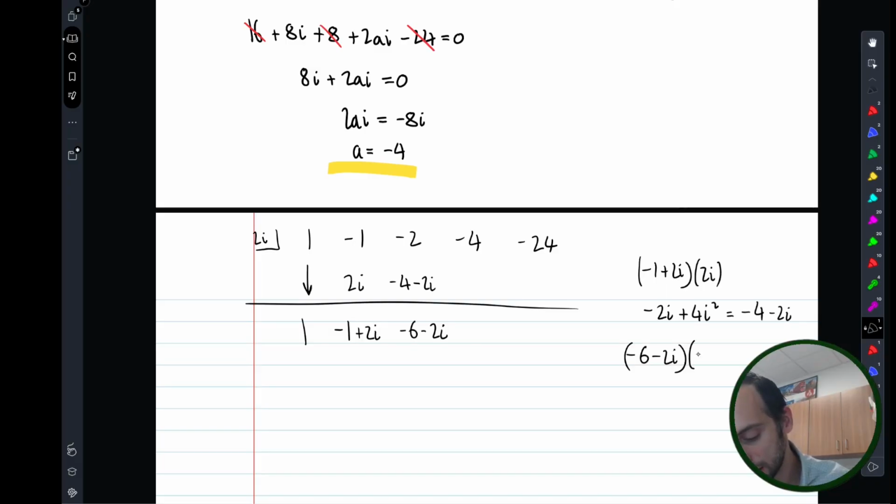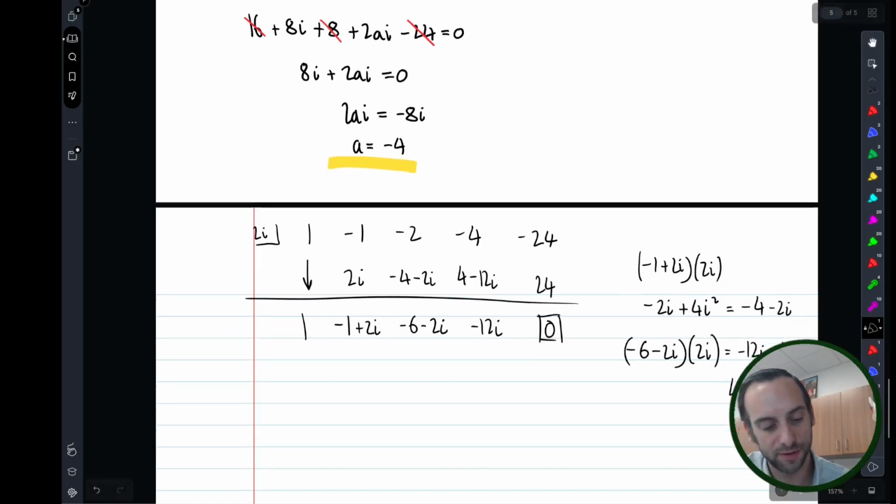Lots of algebra work here. That will give us negative 12i minus 4i squared, so 4 minus 12i. And add that, that will give us a negative 12i. Multiply that, has to give us 24, which zeroes that out beautifully for us.